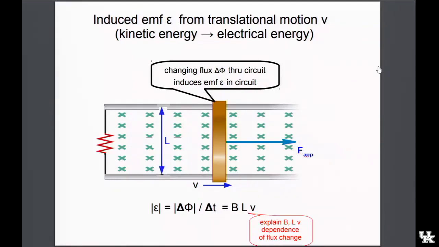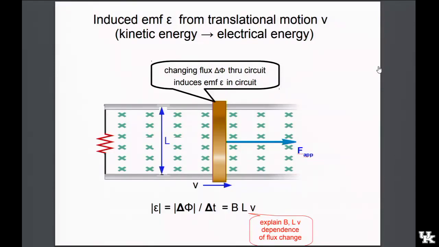What about the velocity? Does it make sense that the rate of change of flux is proportional to the velocity of the moving rod? Well, if I move it slowly, I'm barely changing the flux through the loop. So I would expect to get only a very small EMF, induced current. If I move it quickly, then I'm changing the flux through the circuit very rapidly.